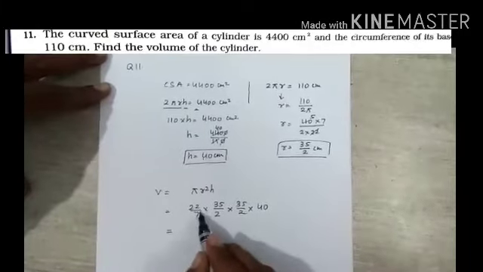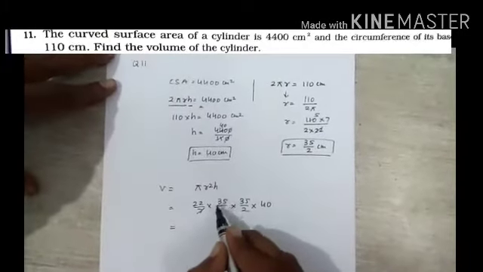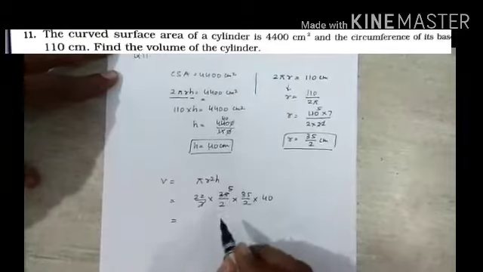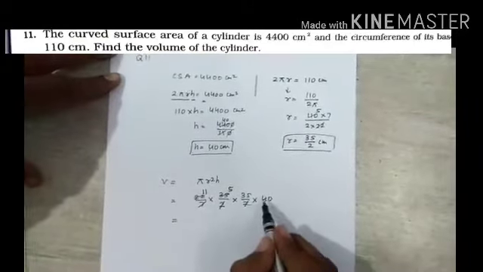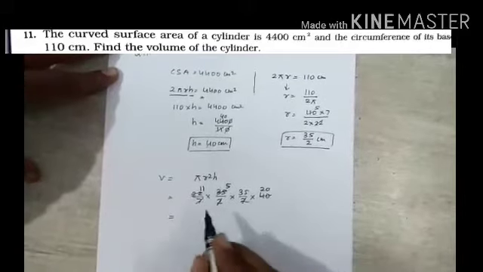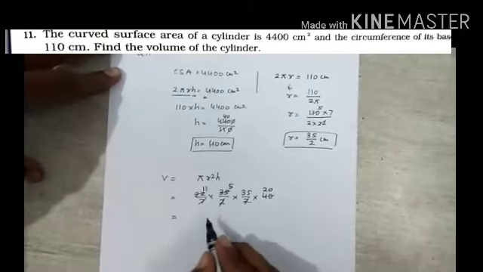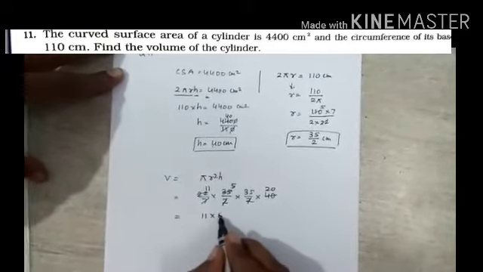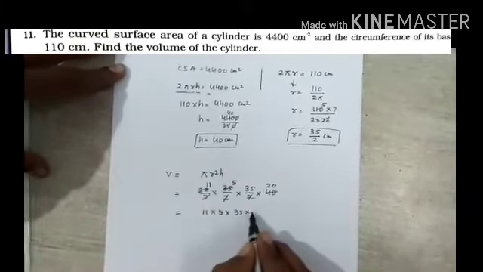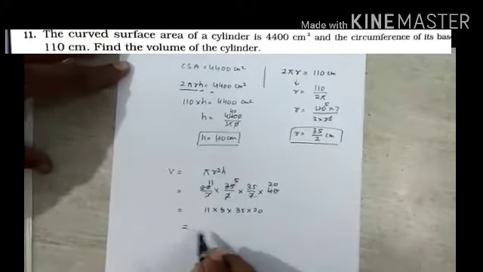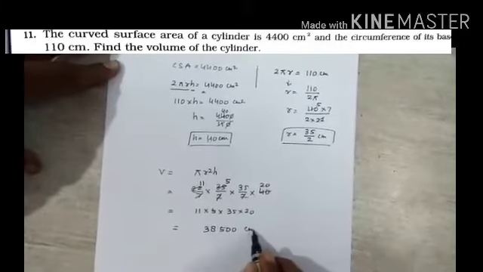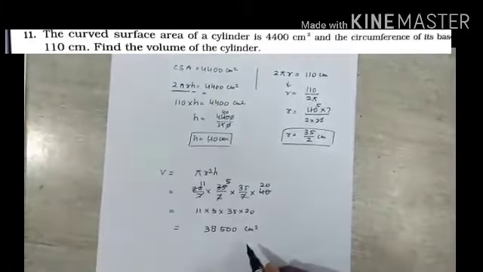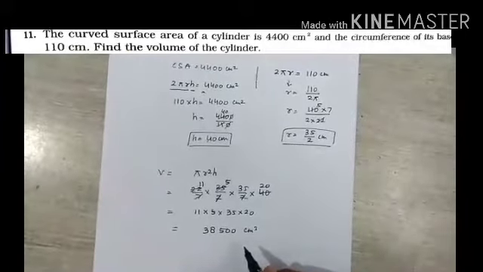Now multiply these all and cancel. 7 1 is 7, 7 5 is 35, 2 1 is 2, 11, 2 1 is 2, 20. Multiplication of all these numbers 11 into 5 into 35 into 20 will be equal to 38,500 cube centimeter of volume of cylinder. Thus we have found the volume.